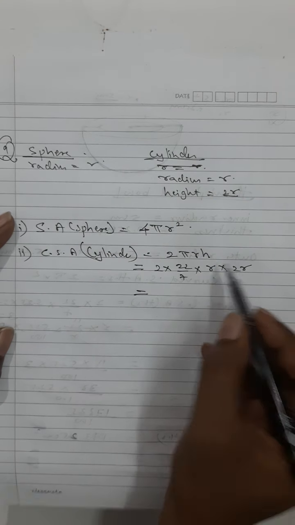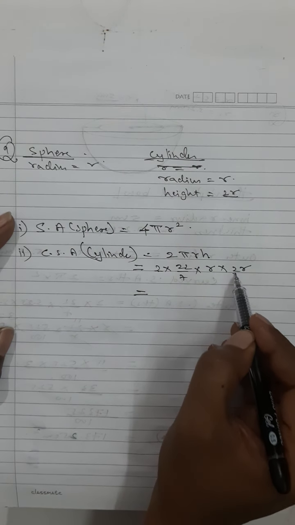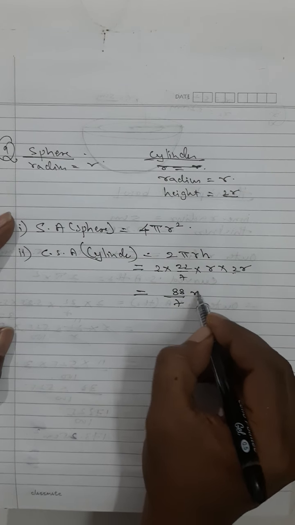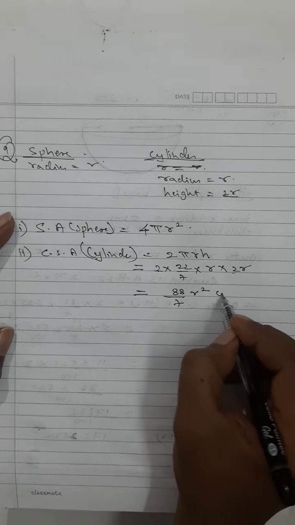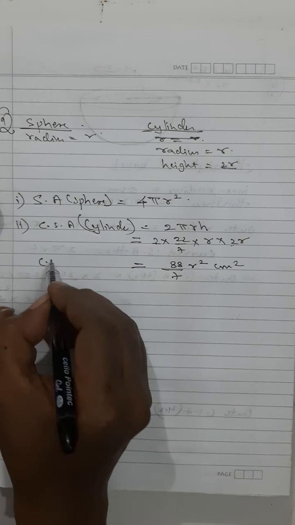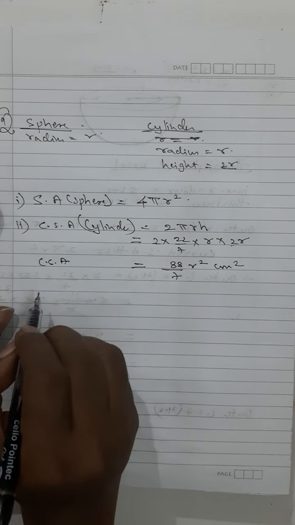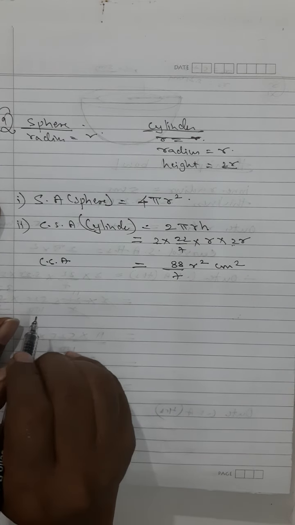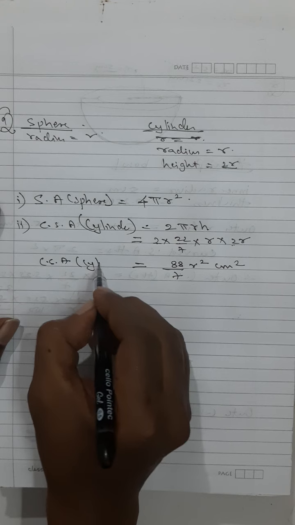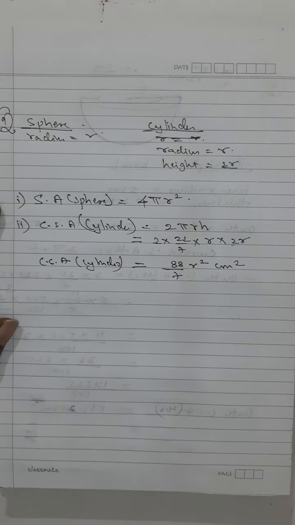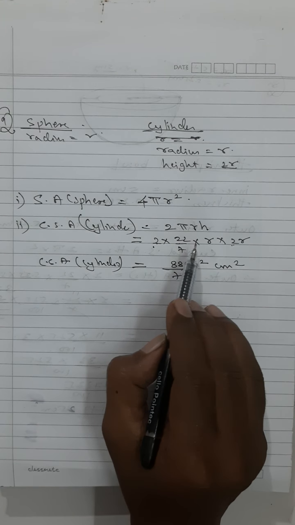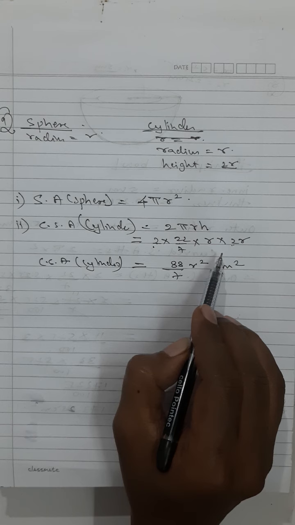So this will make 2 into 2, 4. 4 into 22, 88 upon 7 r square, centimeter square. I hope I am not missing anything. 2 pi r h.